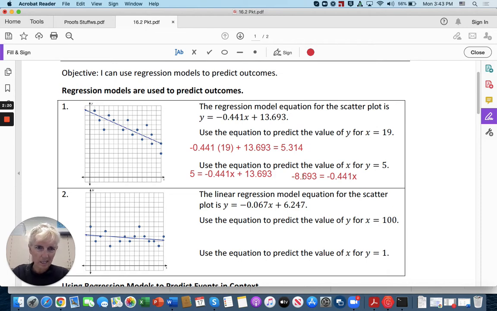So I take negative 8.693 and I divide it by 0.441, and I make it negative, and I get my answer. So x equals 19 point, and let's see how many decimal places. I'd probably say go to 3 decimal places, so round to the nearest thousandths. Okay, so then I got 19.712.